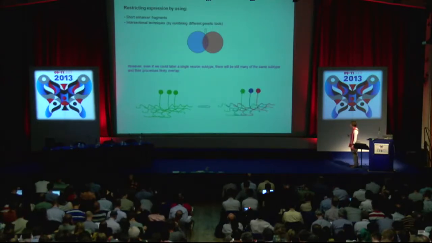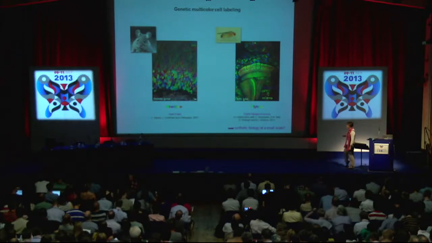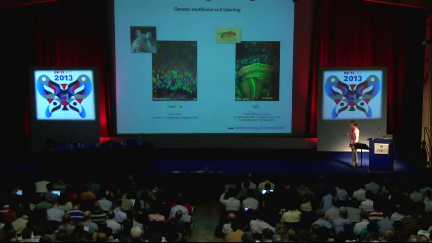So what can help us is to label things in different colors. And many of you, or maybe some of you, have heard about the ingenious Brainbow method developed by Jean Livet, Joshua Sanes, Jeff Lichtman, and colleagues in 2007, which is the pioneering multicolor cell labeling approach in mice for the nervous system.